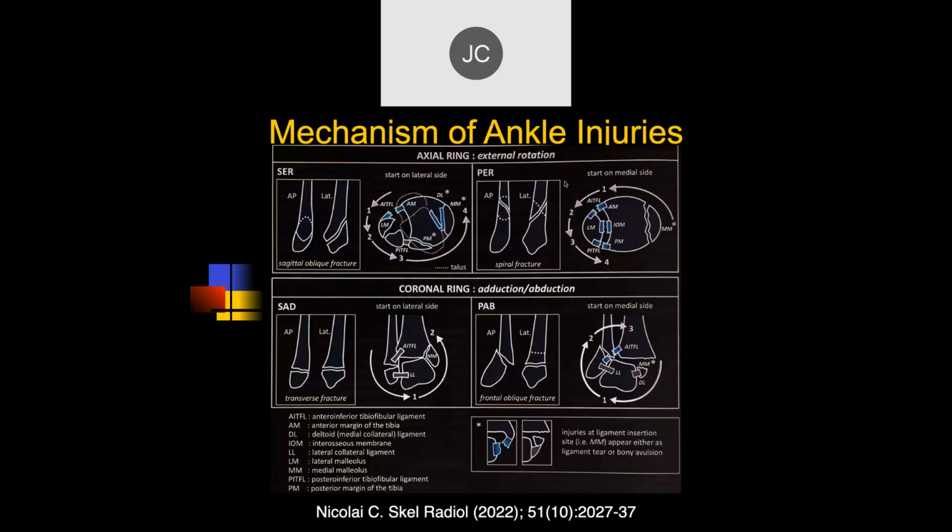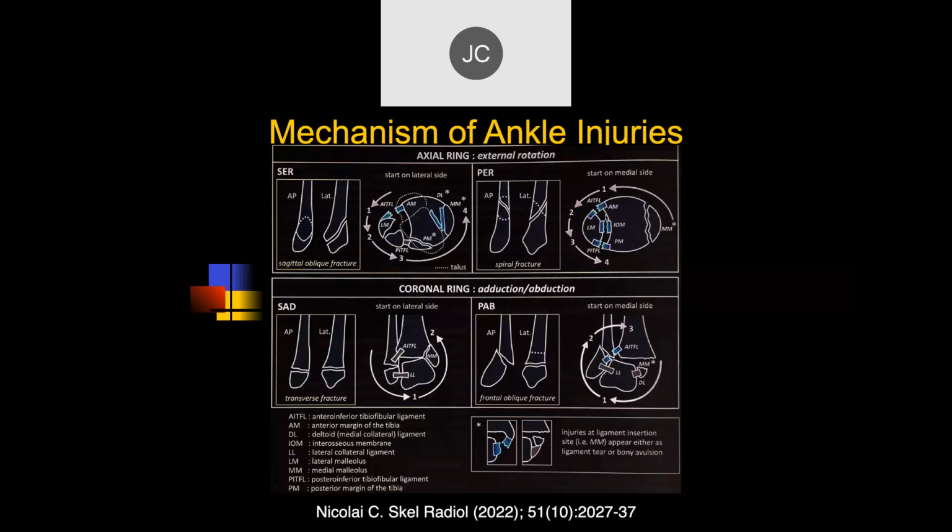The pronated injury, which we have, is more external rotation. In this kind of injury, you get pressure from the calcaneus and talus onto the distal fibula, producing an oblique fracture in the distal fibular metaphysis.